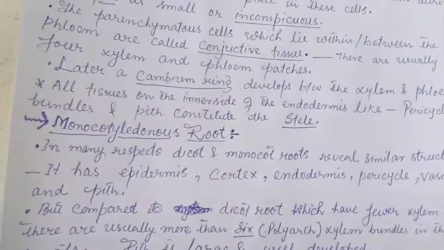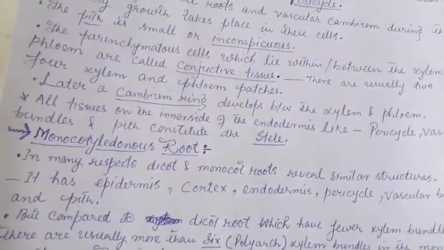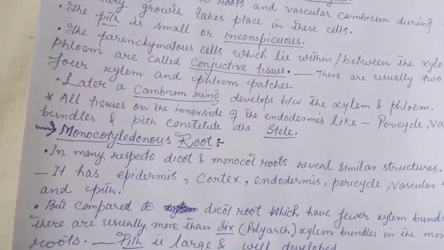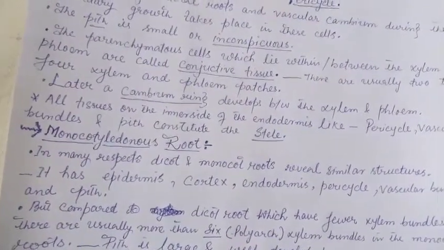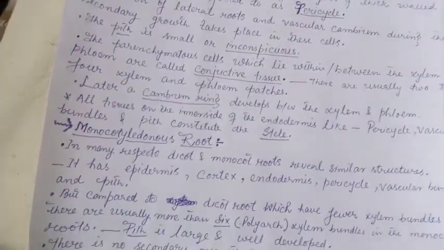And now we will discuss the structure of the monocot root. In many respects, dicot and monocot roots reveal similar structures. It has epidermis, cortex, endodermis, pericycle, vascular bundles, and the pith.